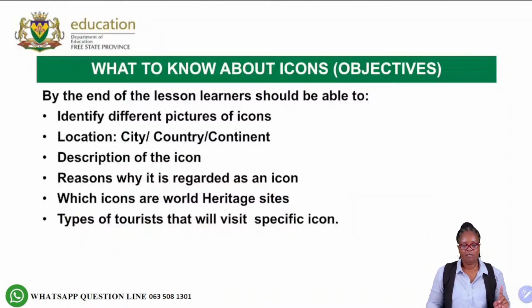Remember, when we talk about attractions, we have attractions and we have icons. All icons are attractions, but not all attractions are icons. Remember that. So from this list of the famous world icons, the 13 that we are doing now, you need to know which ones are World Heritage Sites, because not all of them are.